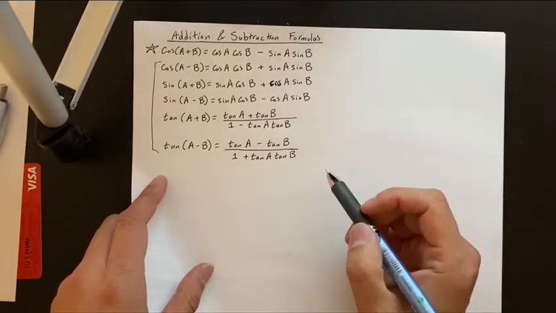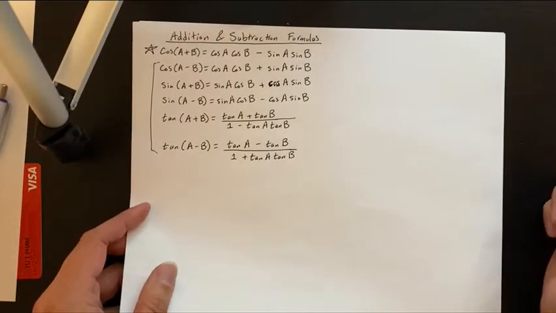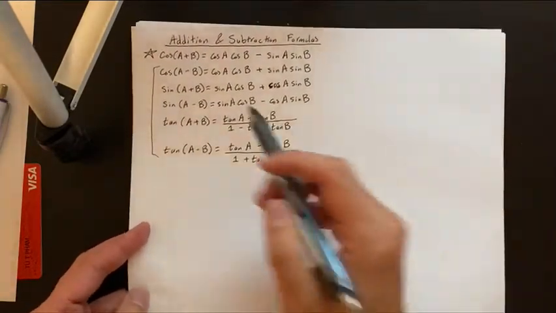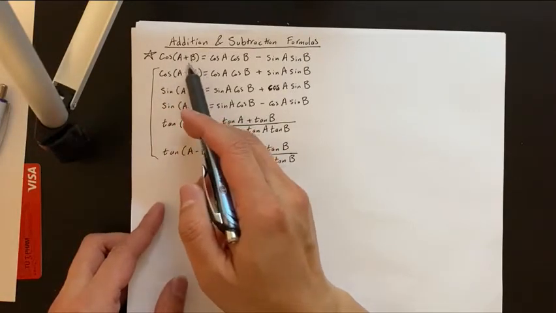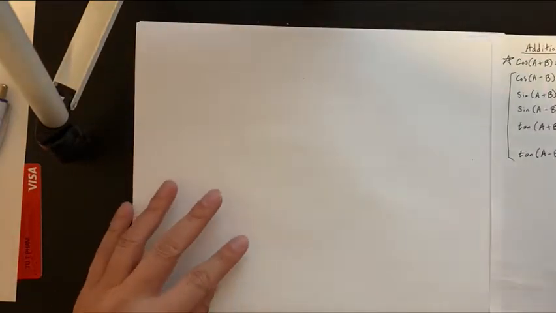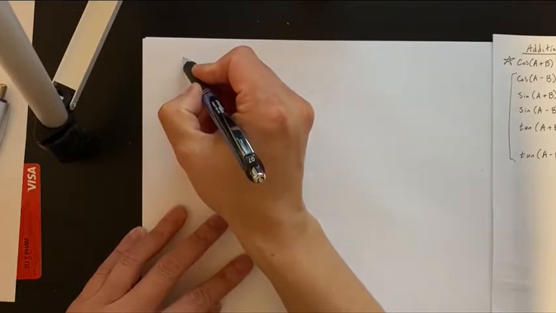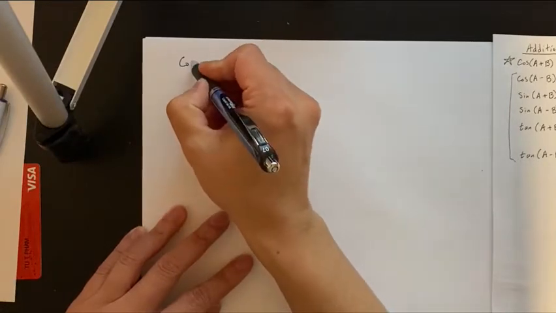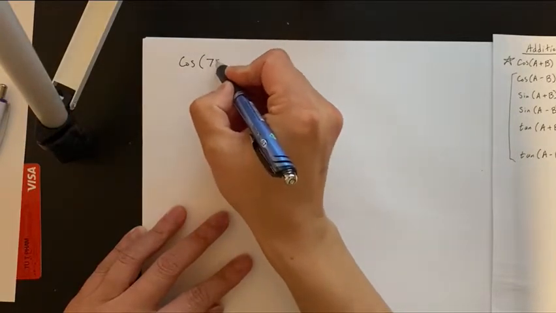Okay, so how would I apply all these new formulas? Well, because I know how to take the cosine of the sum of two angles, we can consider trying to figure out what is cosine of, for example, 75 degrees.